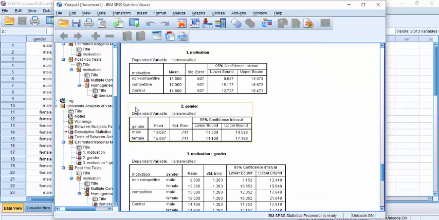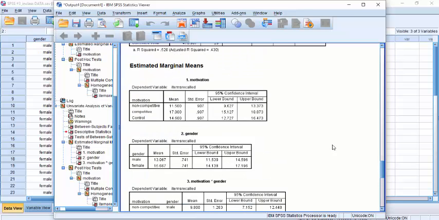And since we had a main effect for gender, we can see that overall, females recalled more items than male. And we don't need a post hoc test for this specifically because there are only 2 conditions. So we just know that females score significantly higher than males.